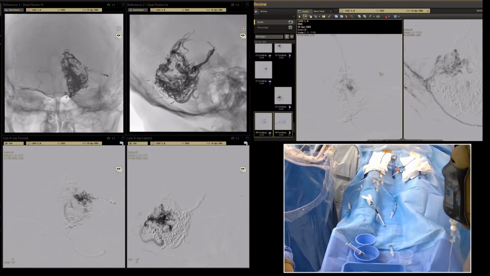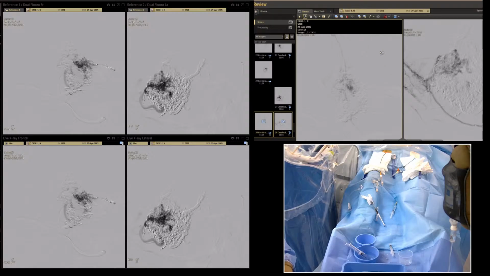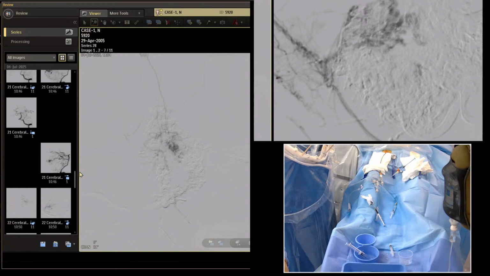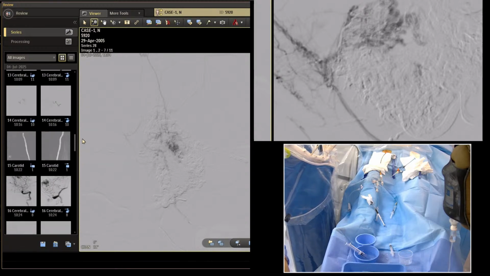We can place it here, and then we'll go for the first selective images.